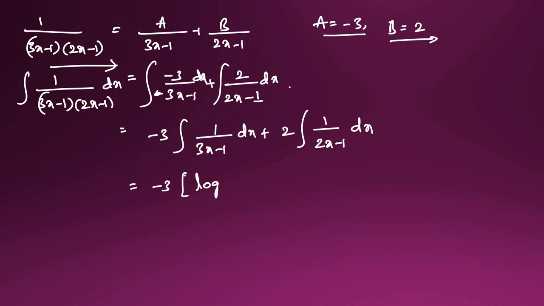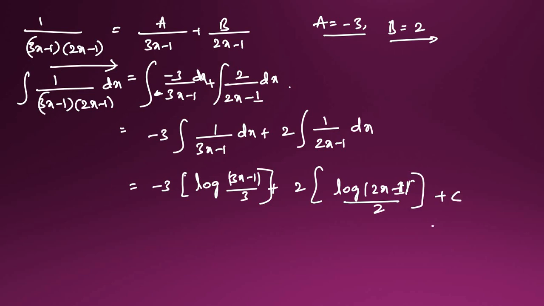And the other one becomes plus 2 into log of 2x minus 1 divided by 2. So plus c. This is the answer here.